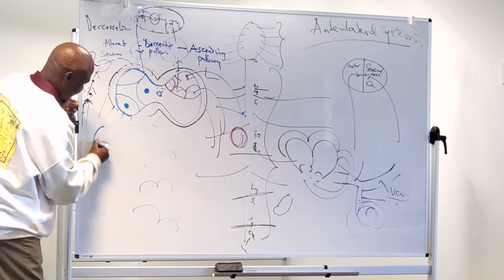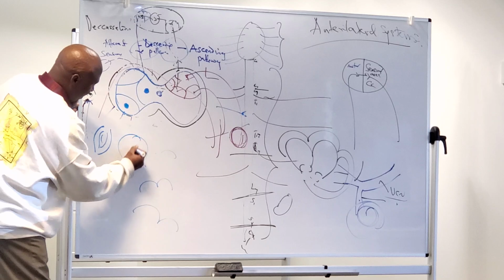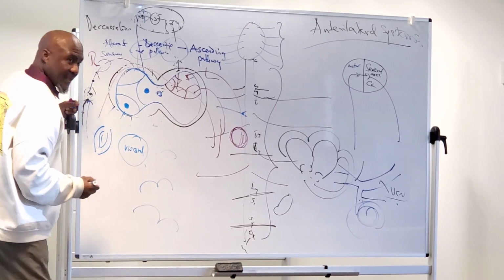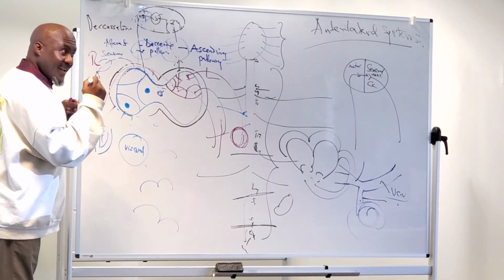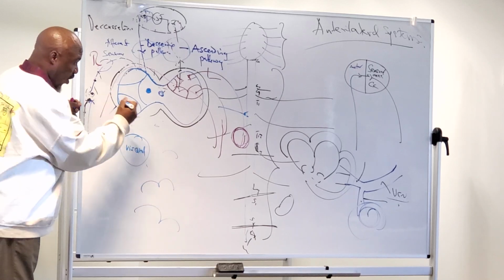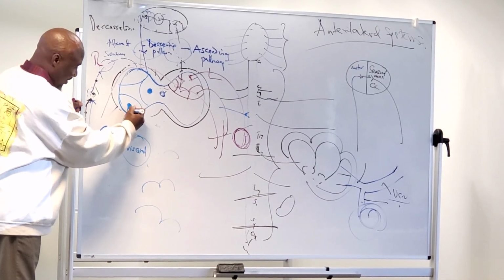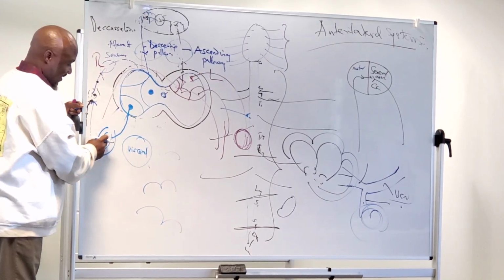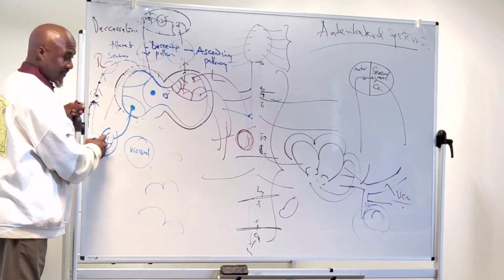this is skeletal muscle, and this is a visceral organ. If the cell body of the fiber is located in the ventral horn, it is going to go to skeletal muscle.